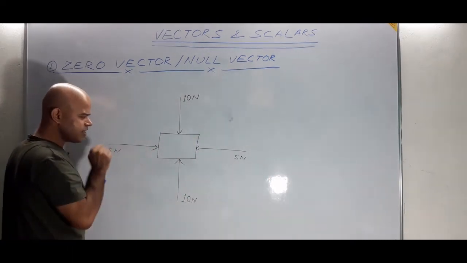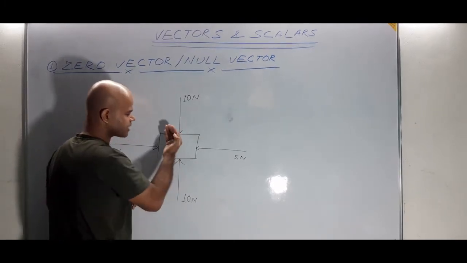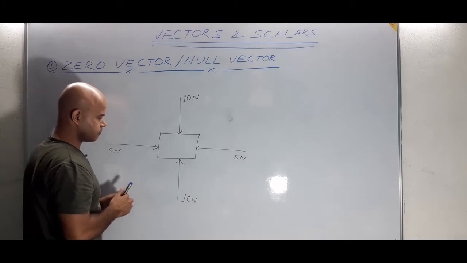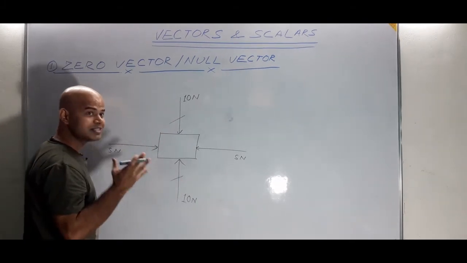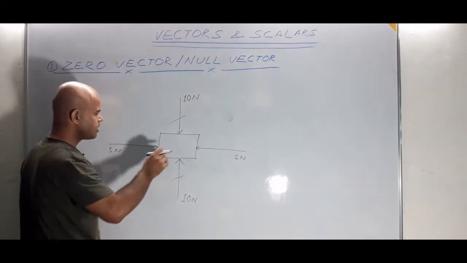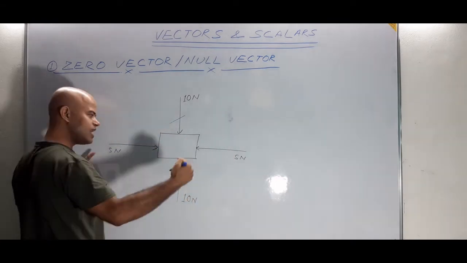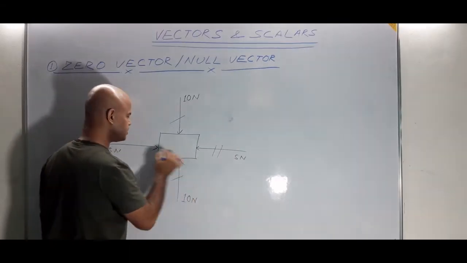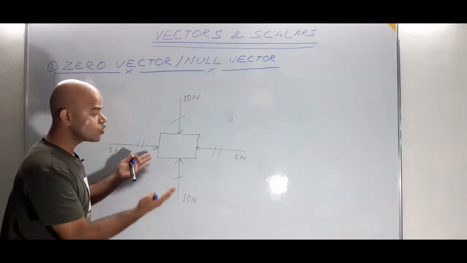But what they are giving here, say 10 Newton from top is being cancelled by 10 Newton from bottom. So these two will get cancelled, right? Resultant will be zero along this line. There is no force effectively. Again 5 Newton from left and 5 Newton from right. Again they'll add up and cancel each other. So resultant in this line will also be zero. So there is no net force.